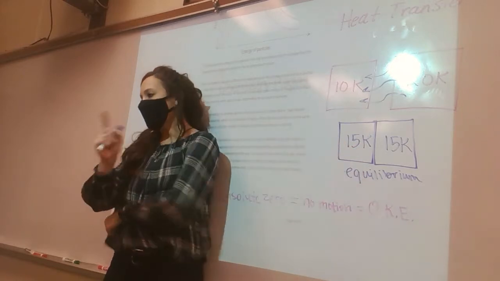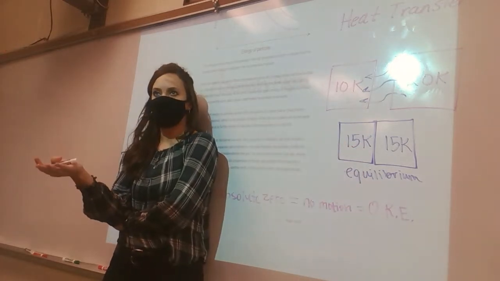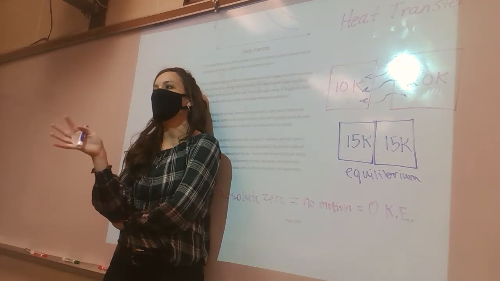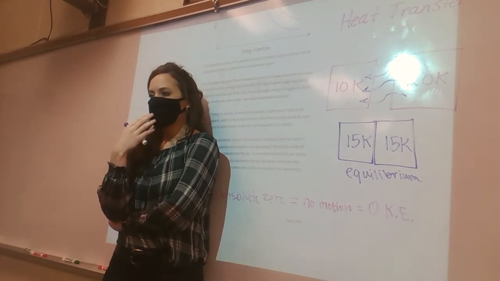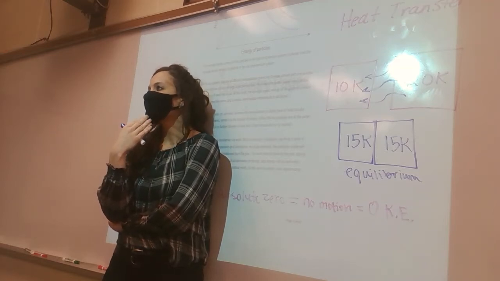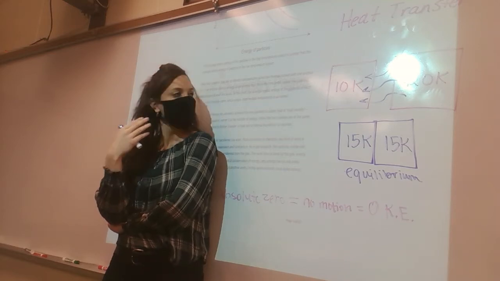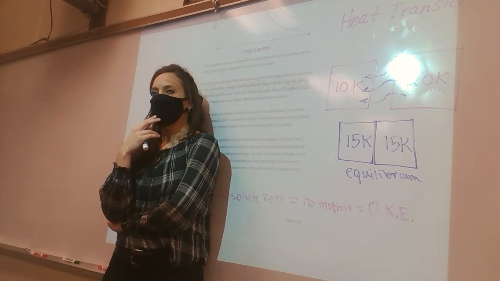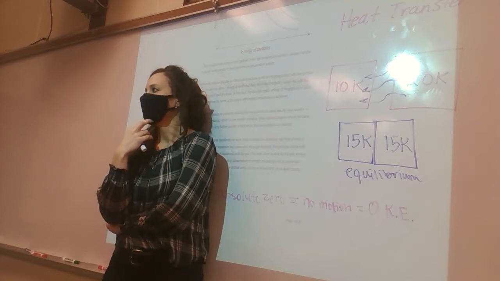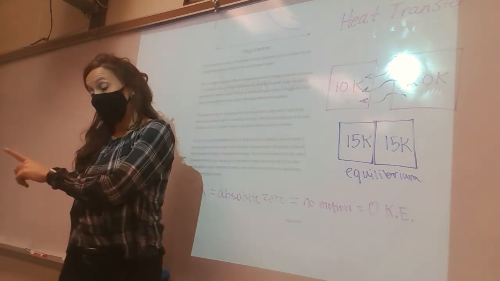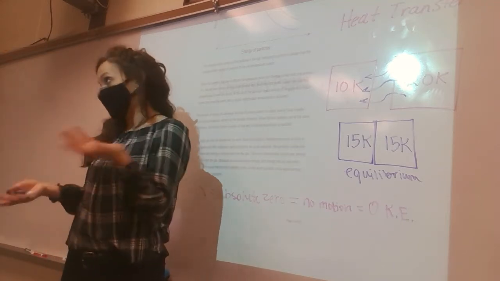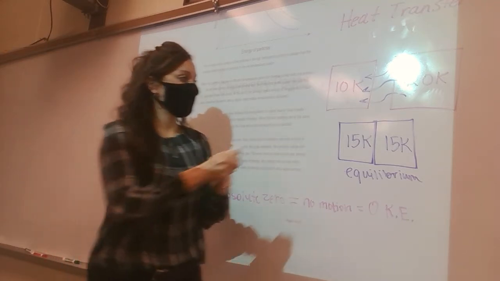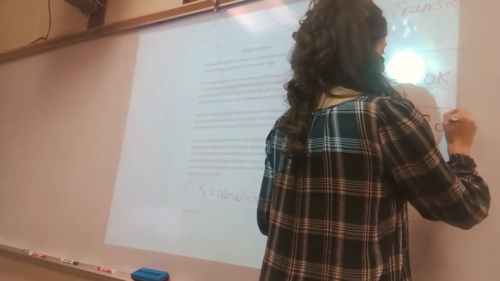They only meet in the middle if a few things are true. What has to be true for them to meet in the middle? We're making assumptions here. What assumptions did I make? The room temperature is 15 Kelvin. We're making an assumption in this case that these are in a closed system, which means you're on the right track.